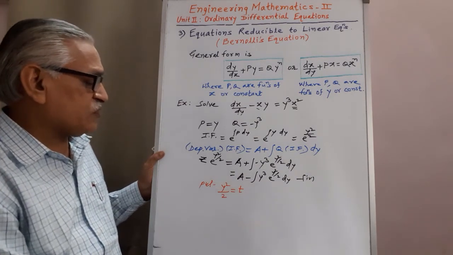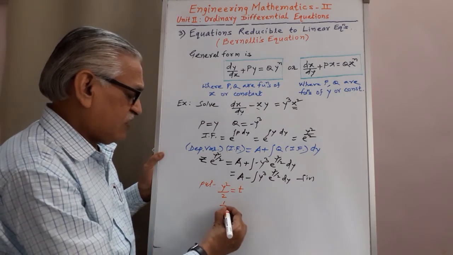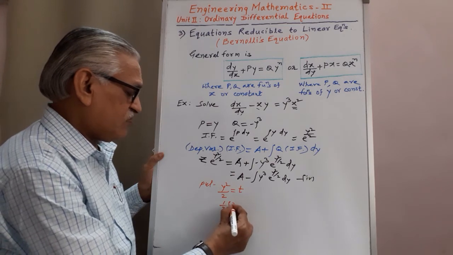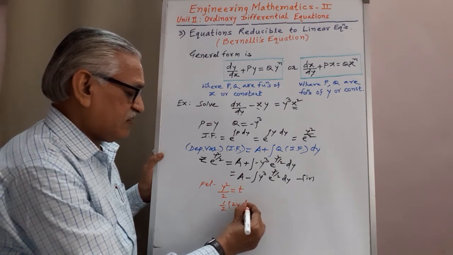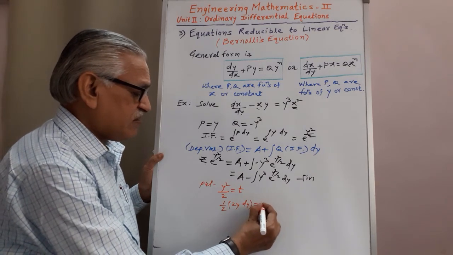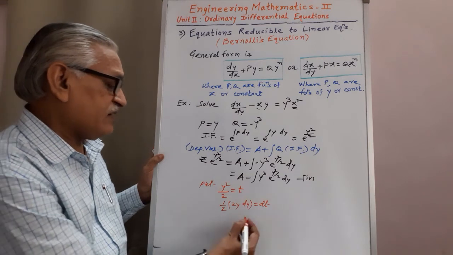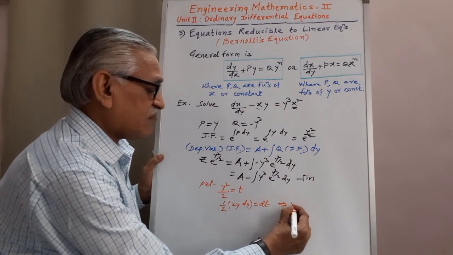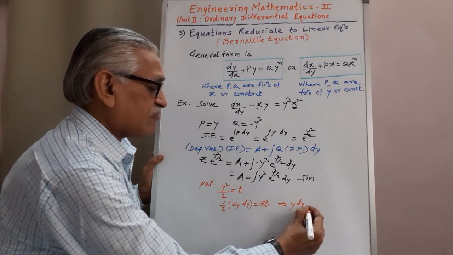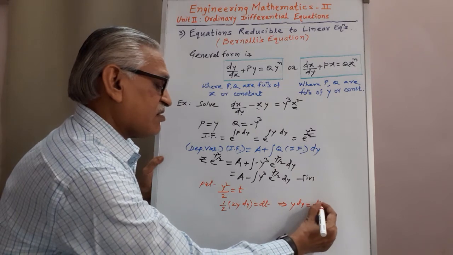Differentiating it, we get 1 by 2, 2y dy is equal to dt. Means y dy is equal to dt.